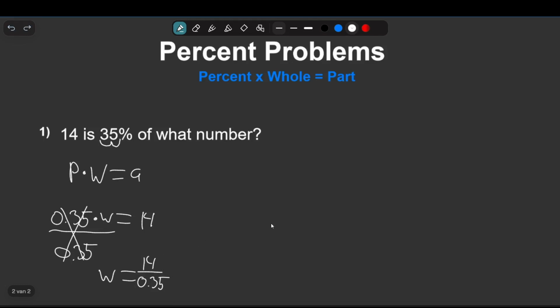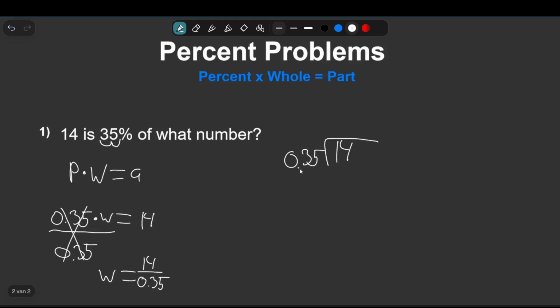Now we're going to divide by hand, step by step, like the last problem, to get to our final answer. So we're going to divide 14 by 0.35. But as I said in the last problem, we have to make this a whole number.